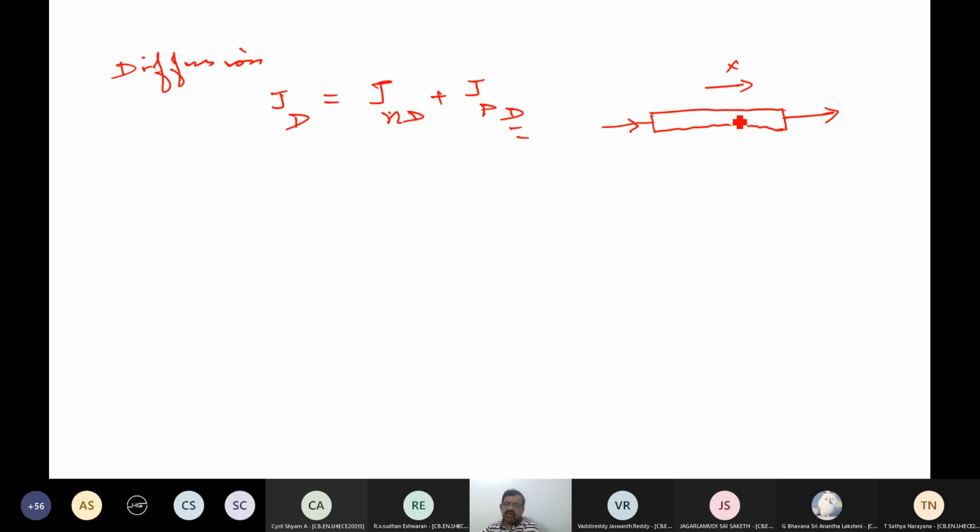The holes start to diffuse and move along the direction from left to right as a result of concentration gradient. So the hole current density JPD is proportional to the charge itself, and because it is only concentration gradient, it will be proportional to dP by dx, where P is the concentration.